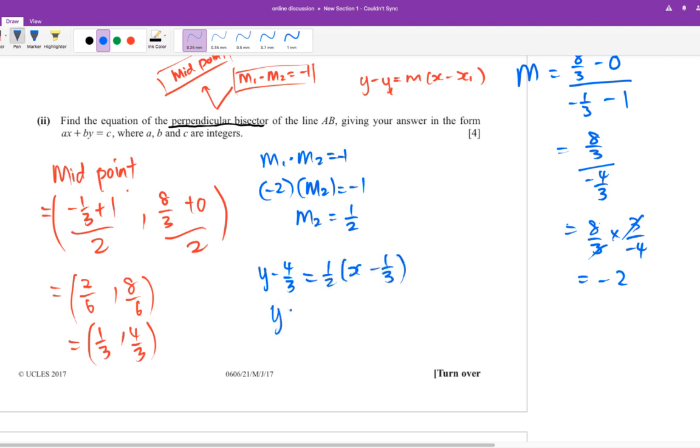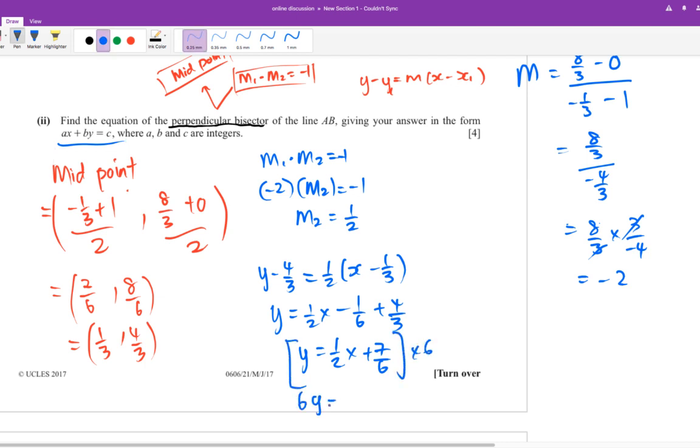So I will solve this equation. I will have 1 over 2 x minus 1 over 6 plus 4 over 3. Then I will solve this one, so that is 7 over 6. But the question wants it in this pattern, so I will multiply 6 for the whole equation.